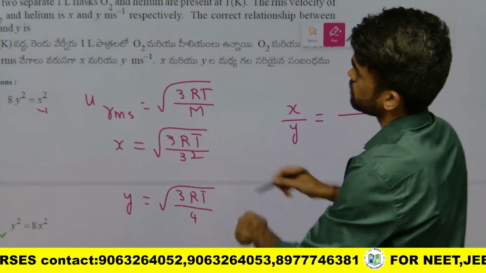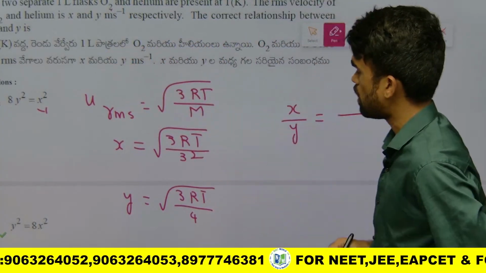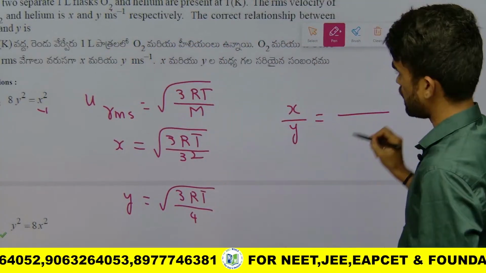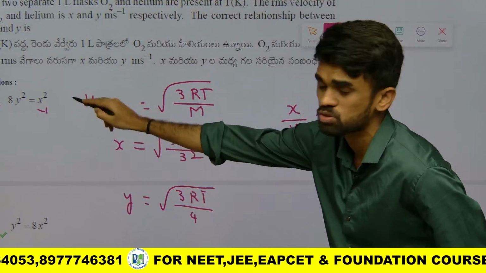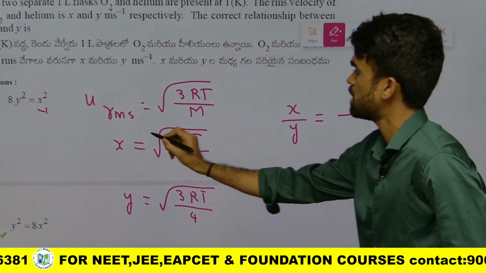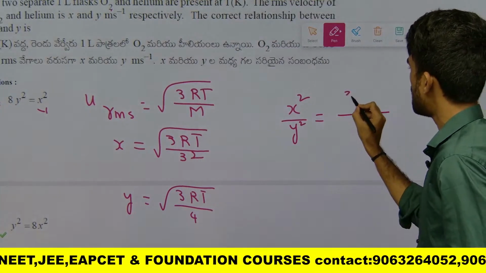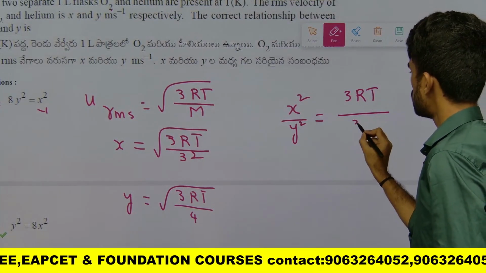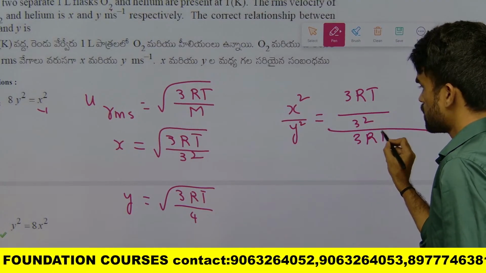See what they are asking: the correct relationship between X and Y. They are saying it in terms of X square and Y square. Now look at the options, we need to make it like that. By squaring both sides, X square by Y square equals 3RT by 32 divided by 3RT by 4, right?